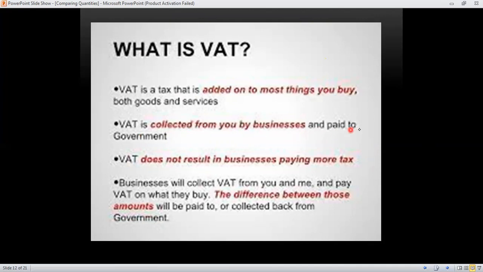VAT is collected from you by businesses and paid to the government. VAT does not result in more tax. Businesses will collect VAT from you and me and pay VAT on what they buy. The difference between those amounts will be paid to or collected back from the government.